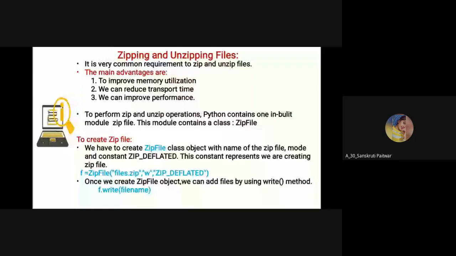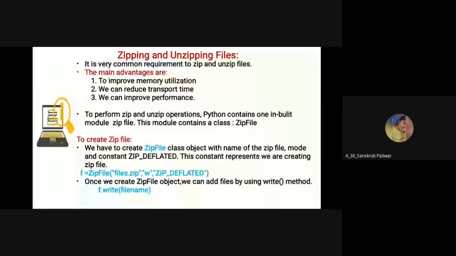If you zip those 100 files into one file, it will take less time to transfer from one memory location to another. Okay. Third, we can improve the performance. If your file transfer time is reduced and your memory utilization is reduced, you can improve the performance of your system. Okay. Now to perform zip and unzip operations, Python contains one inbuilt module.